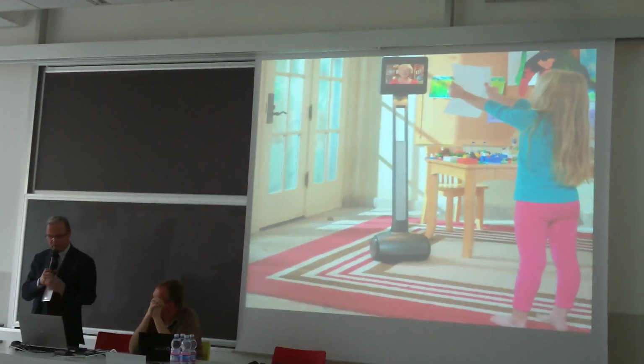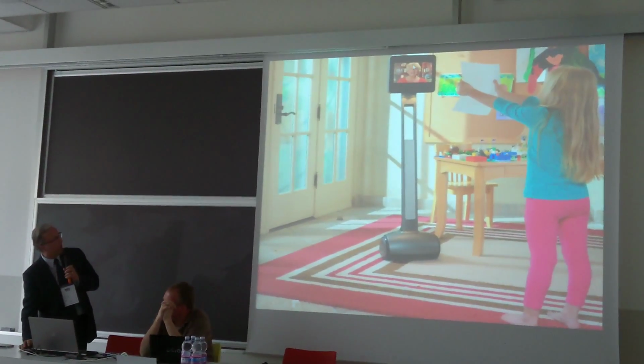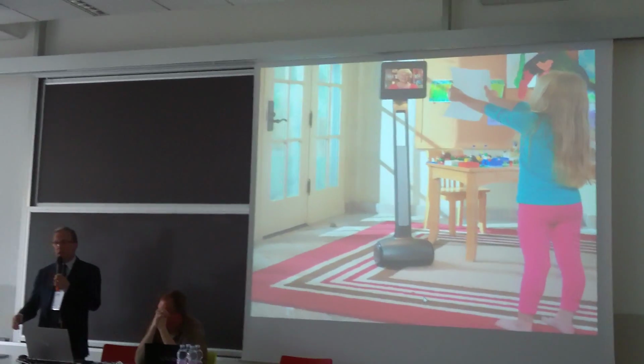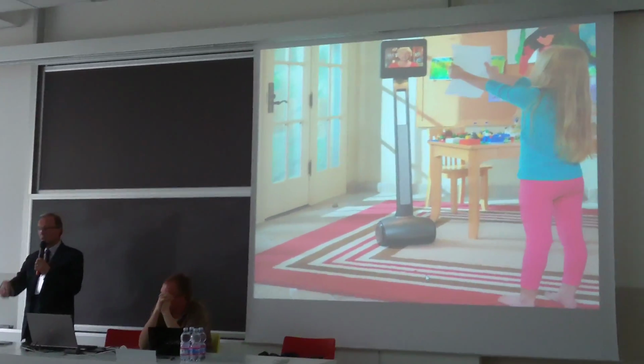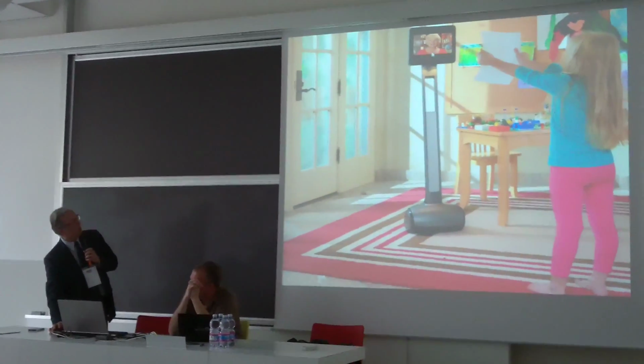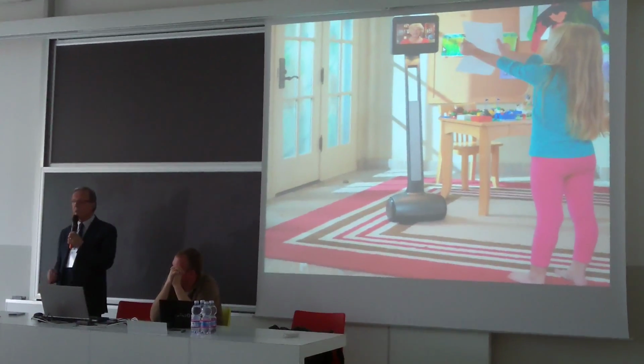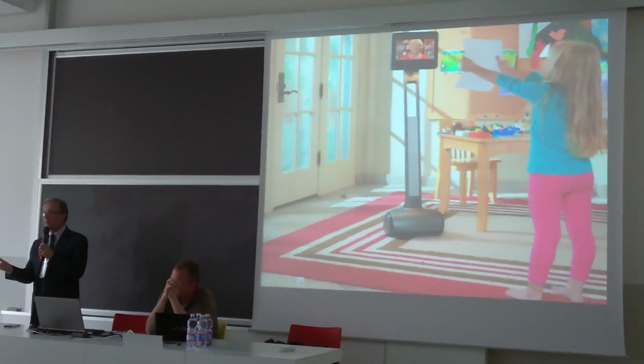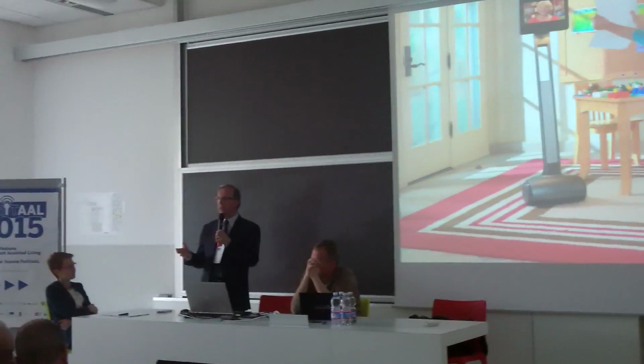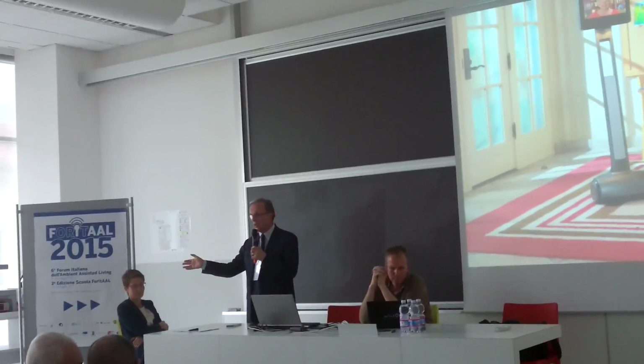To perform exercise using this, a very nice robot able to move around the home, and using this it is possible to have a connection. This is the nephew, this is the grandmother. It's possible to play together even if they stay in different places.